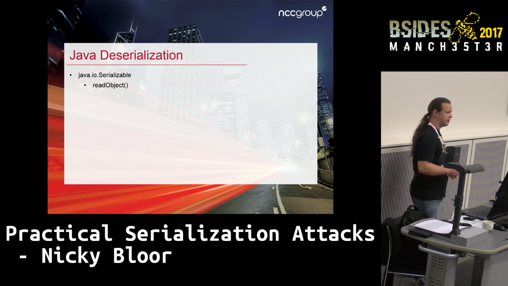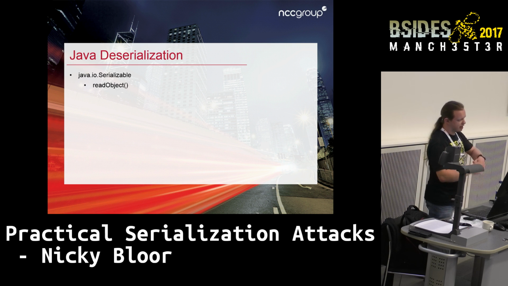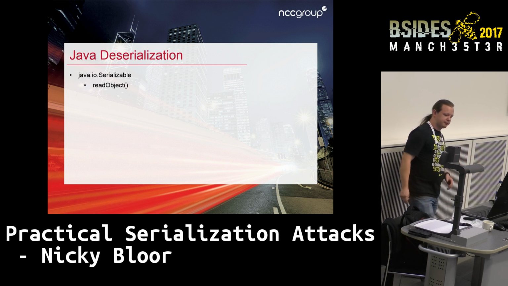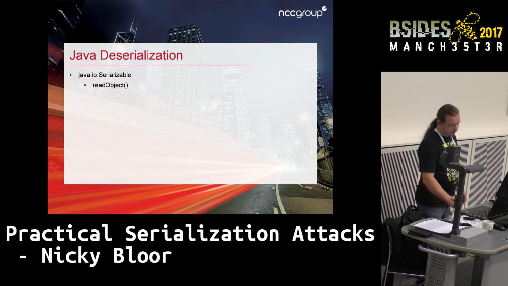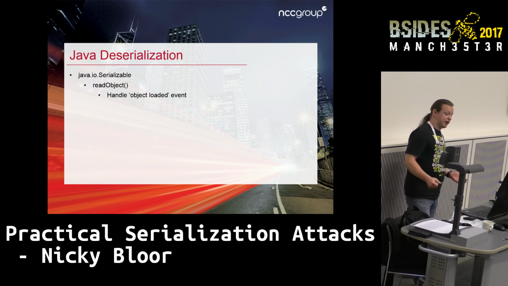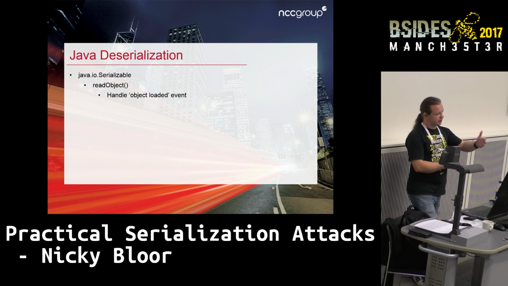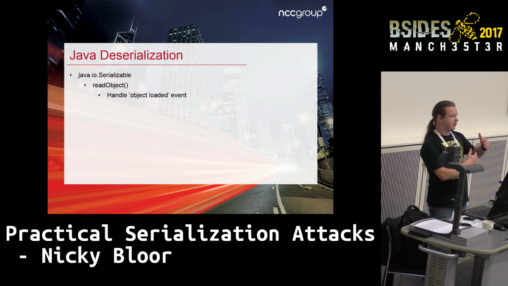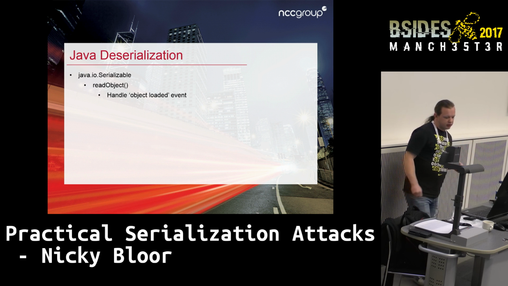So you can, for example, use your own readObject method to implement backwards compatibility with different versions of the same data for different versions of your application. But we can use that essentially to handle the object loaded event. So given a class implements Serializable, we have a readObject method, and we can handle the event that an object of that type is loaded into memory.